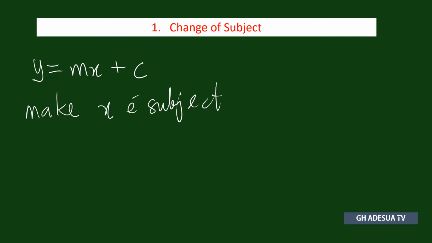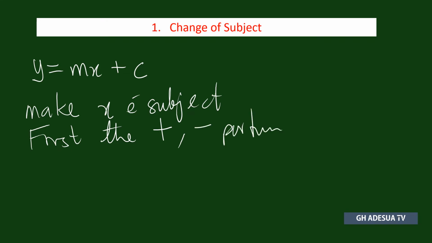Now whenever you are making a letter the subject, if it is added or subtracted to something, that is what you clear first. So you first clear the addition or the subtraction portion. For example, in this one, I would want to clear the plus c because the term mx is added to it.